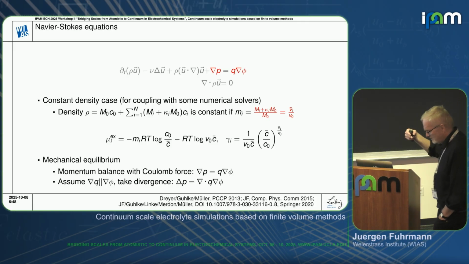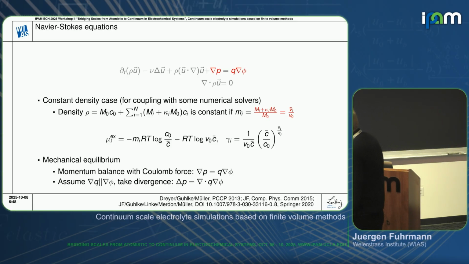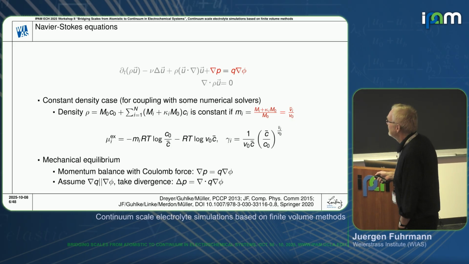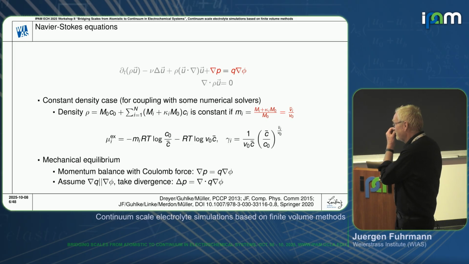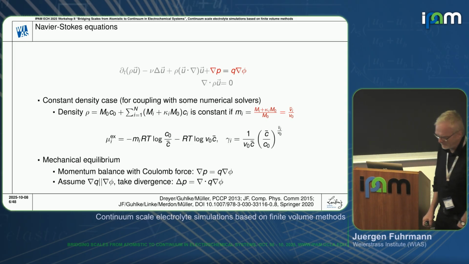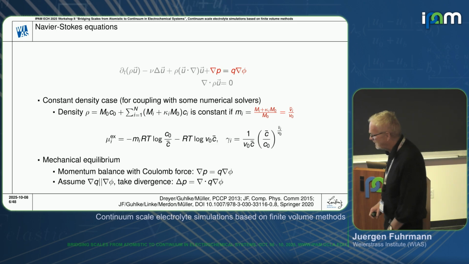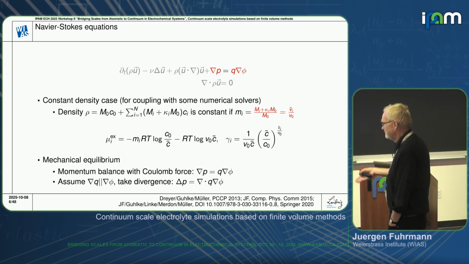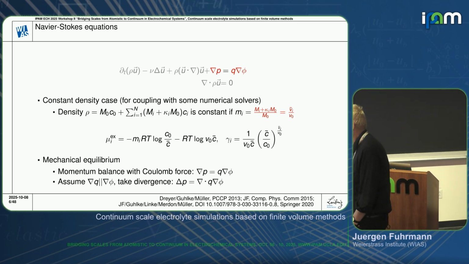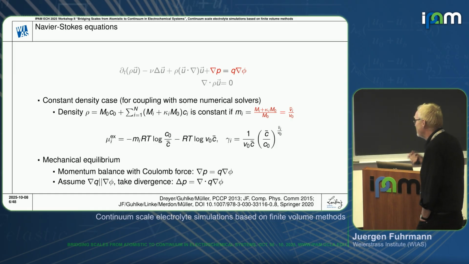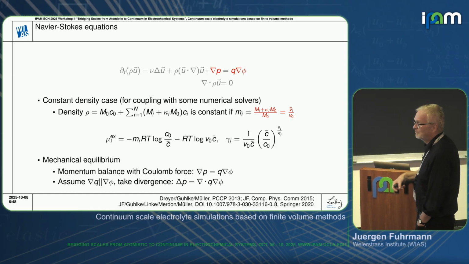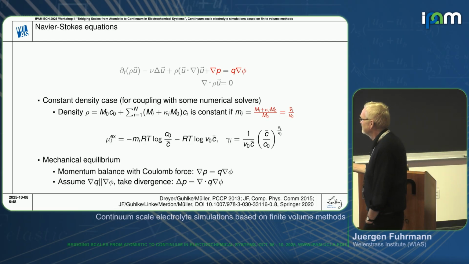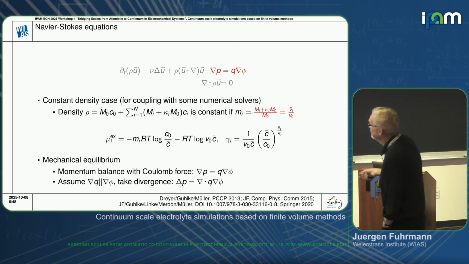Basically, the barycentric velocity of the mixture would be calculated by the Navier-Stokes equations. It is interesting when one thinks about implementation into numerical methods. There are Stokes solvers which are around. In many cases, they just assume that the density of the fluid is constant.